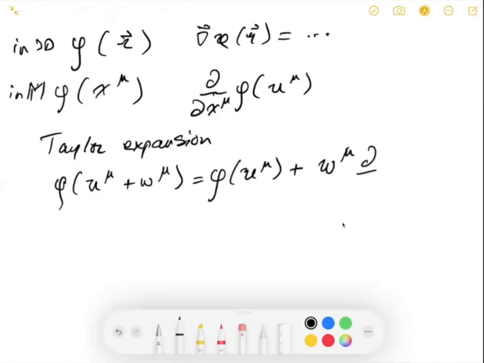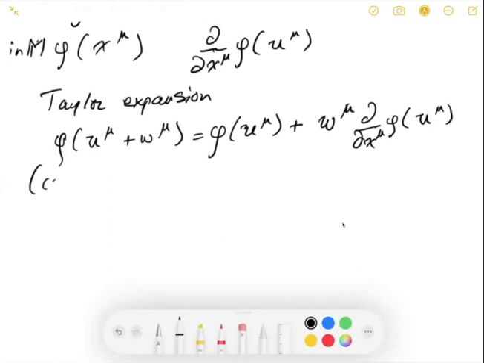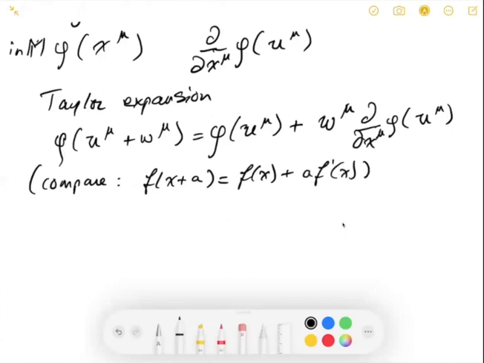This is your regular derivative of phi, but evaluated at u^μ. Compare, let's say, f(x + a) is f(x) plus a times f'(x), plus higher order terms. We can also have higher order terms here.